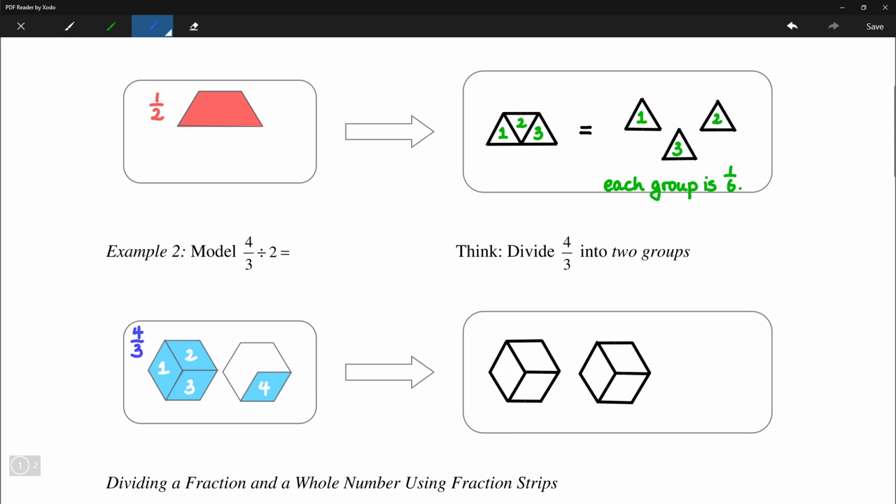And on the right hand side, we can see that we have 2 groups, each with 2/3 in it. So here we can write each group is 2/3.